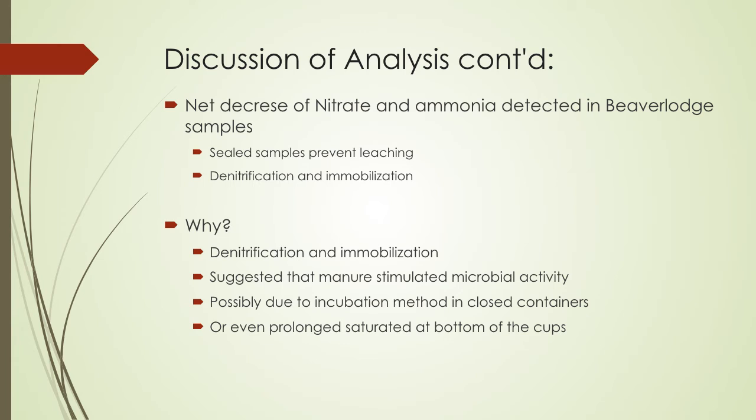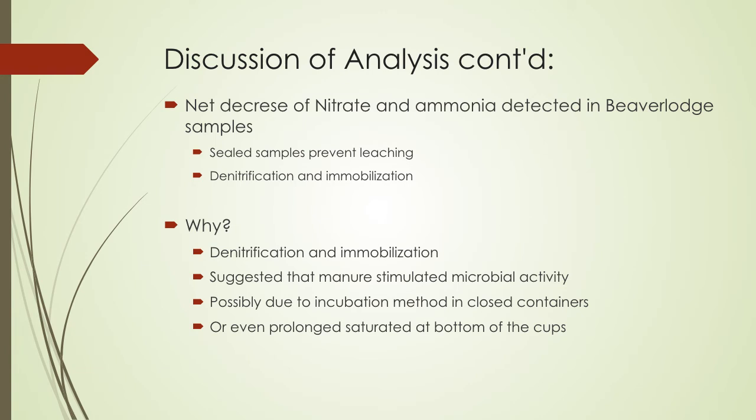There was a net decrease of nitrate and ammonia detected in the beaver lodge samples. And again, the author speculates this is because of denitrification and immobilization or volatilization of gaseous nitrogen. And one thing they didn't mention in the paper, and I suspect may have been an issue, was the incubation method in the containers, because they used a closed and sealed container.